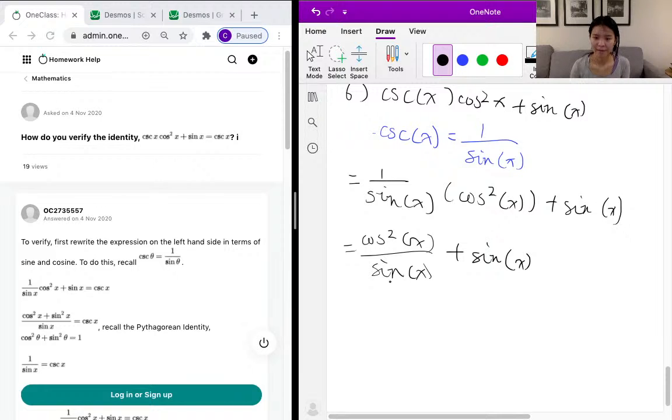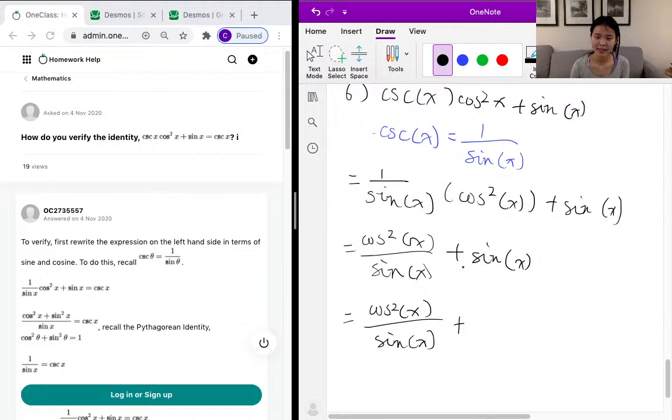So let's get the fractions to have a common denominator, and then we could probably finish our simplification. So cos squared x over sin x, we're just writing it down as the same term as what we had in the previous step.